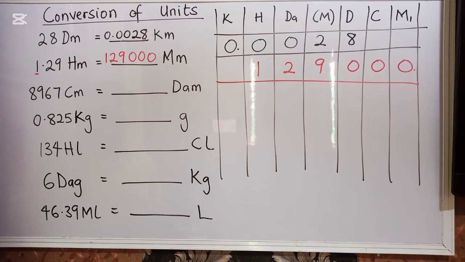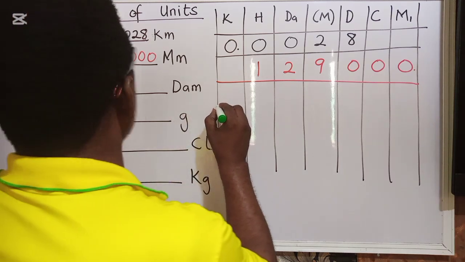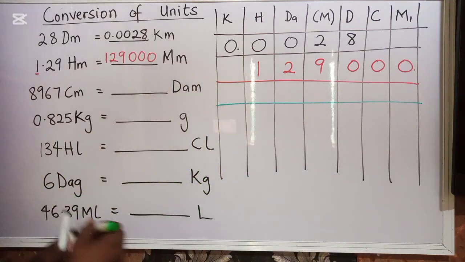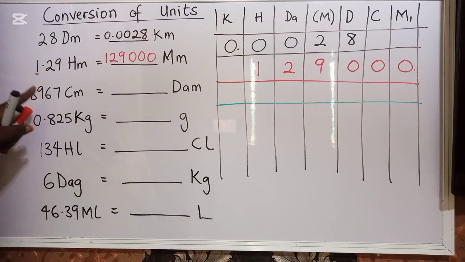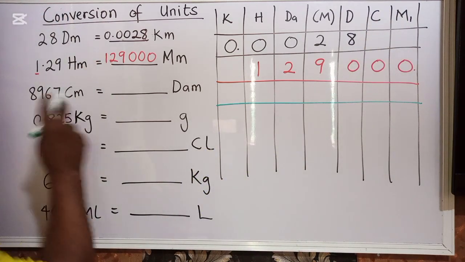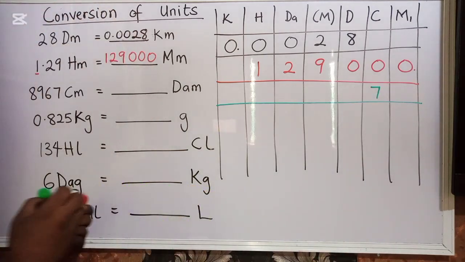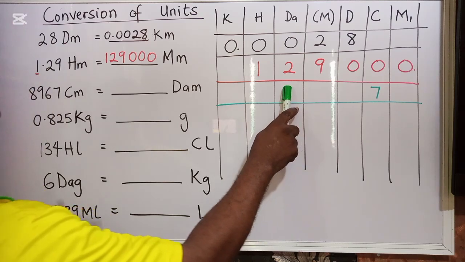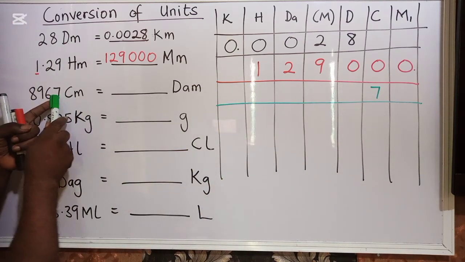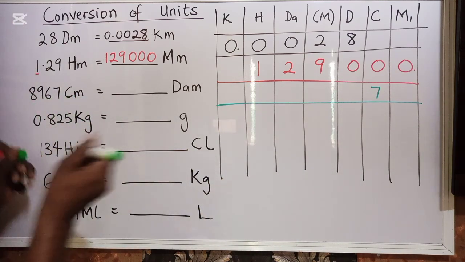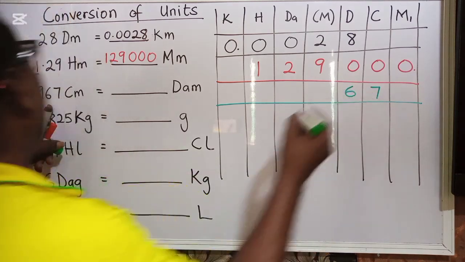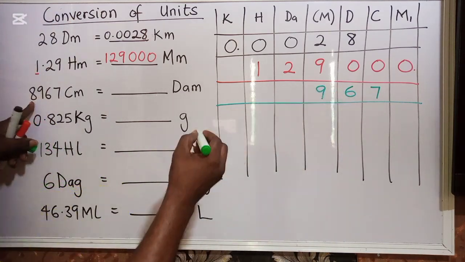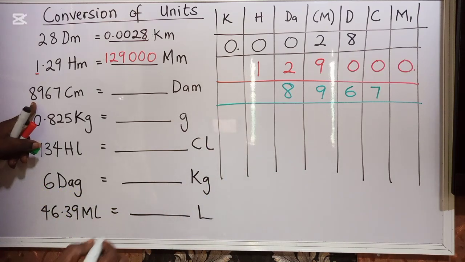So let's go to the third one. We have 8,967 centimeter. We are going to decameter. We go to centimeter and put the unit of this number under the centimeter. What is the unit? 7. Then we move toward decameter, which is located this way. We have numbers to put there, not just 0: 6, then 9, then 8. Have we gotten to decameter?